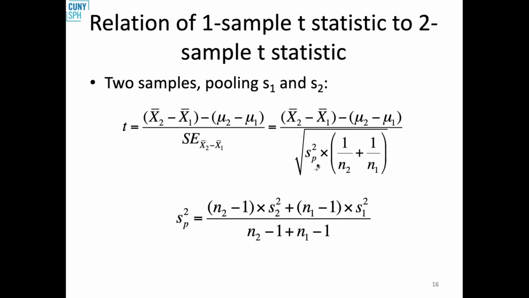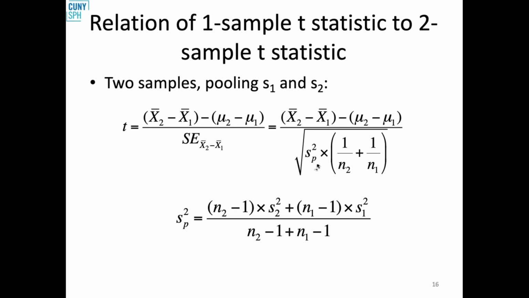Okay, so two samples, if we pool the standard deviations, in other words, we assume that they're equal and we pool them together so we get a single standard deviation, this is the formula that we use. Down there is the pooled standard deviation.